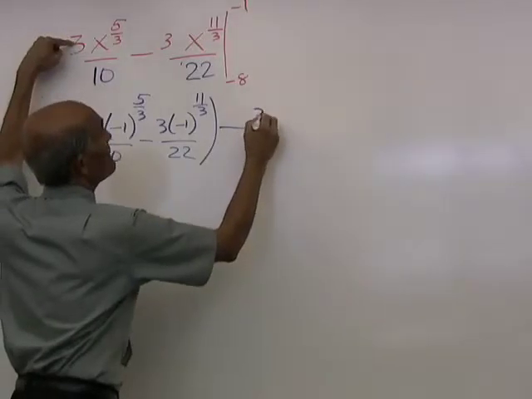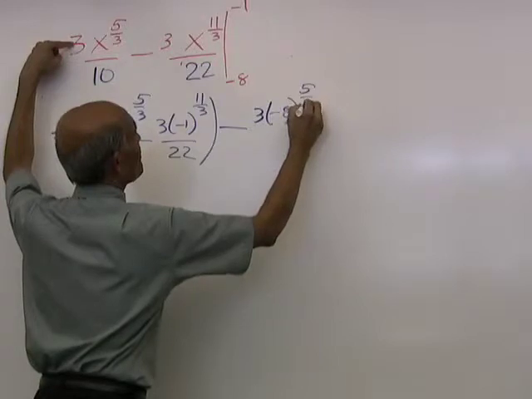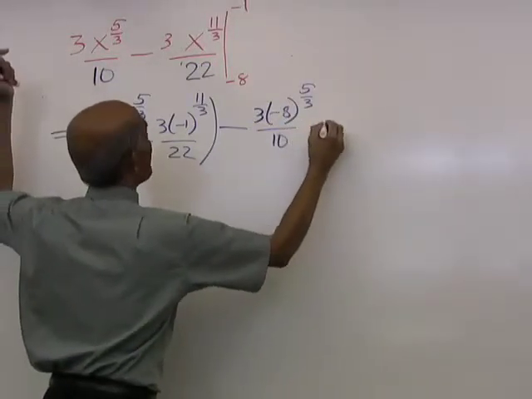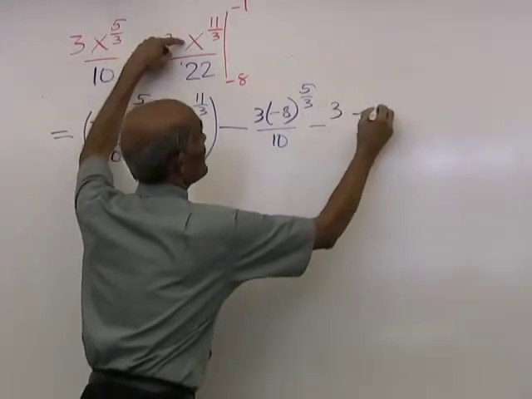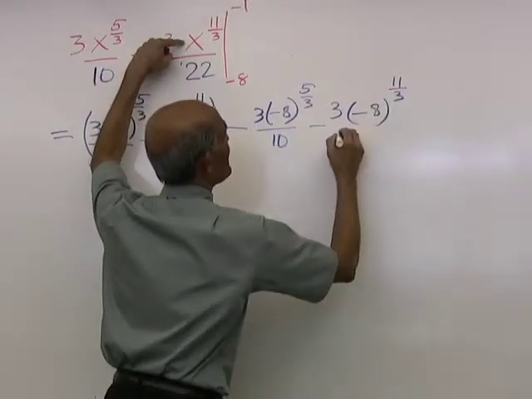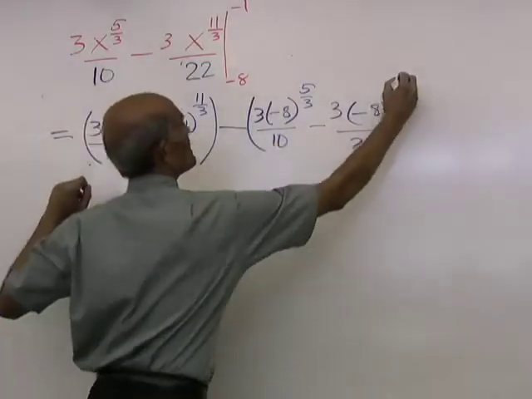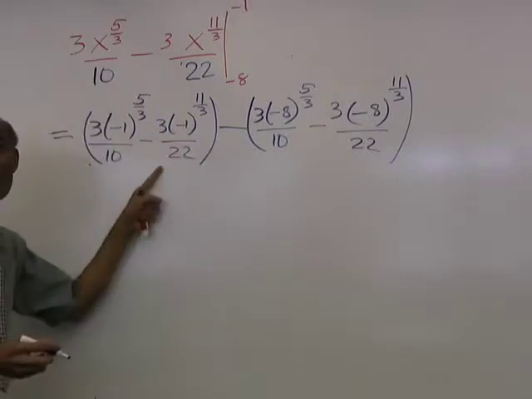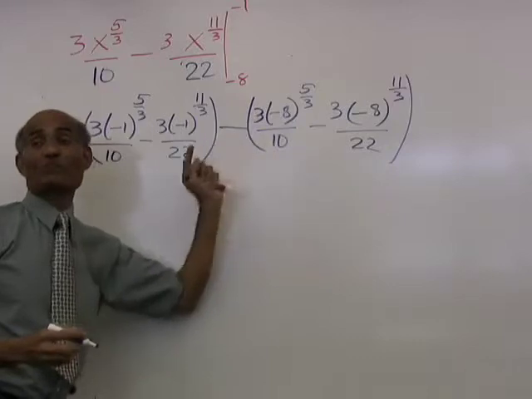So that will be 3 times -8 to the power of 5 thirds divided by 10 minus 3 times -8 to the power of 11 over 3 divided by 22. That is the lower limit. So replace x by the upper limit minus replace x by the lower limit.